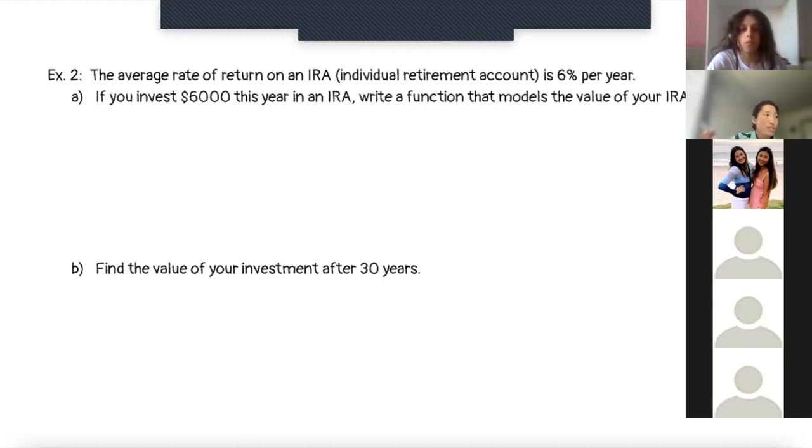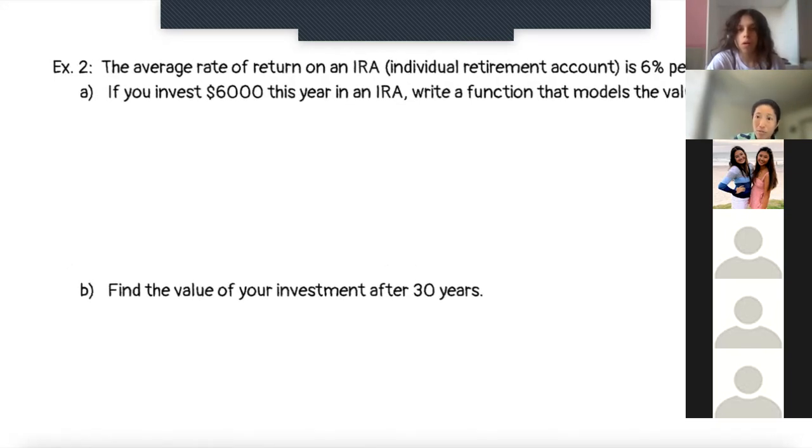So let's say that you start with an initial investment of $6,000. Okay. Part A says write a function that models the value of your IRA. And so as soon as we see this 6% per year up here, we want to think f of x equals ab to the x. And we want to think, well, we better know the starting value, and we better find our b value, right?